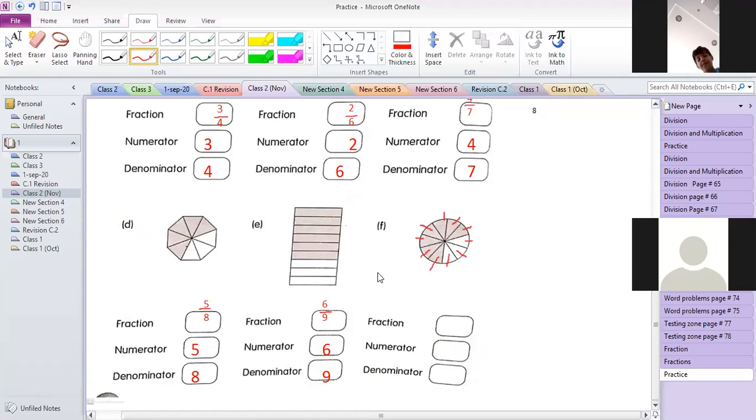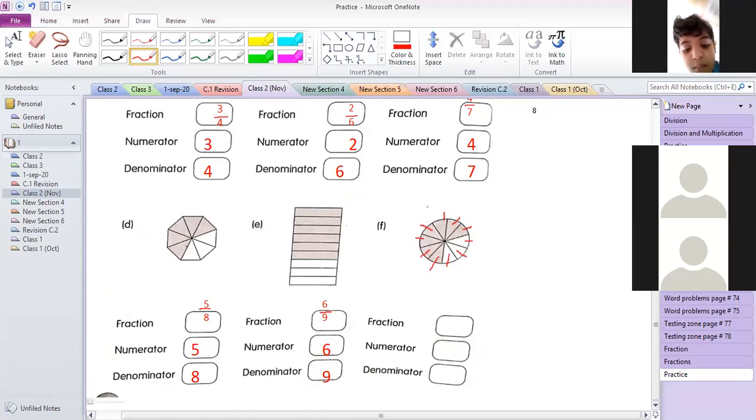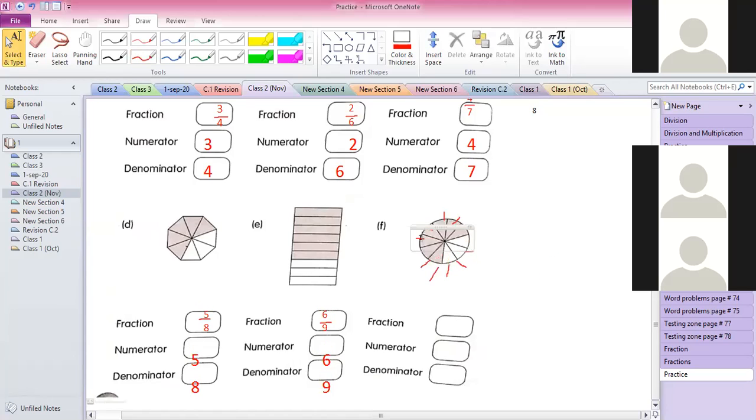Not 8. It's 10, not 8. Okay, there are a total of 10 equal parts. So we can write the denominator. It is 10.